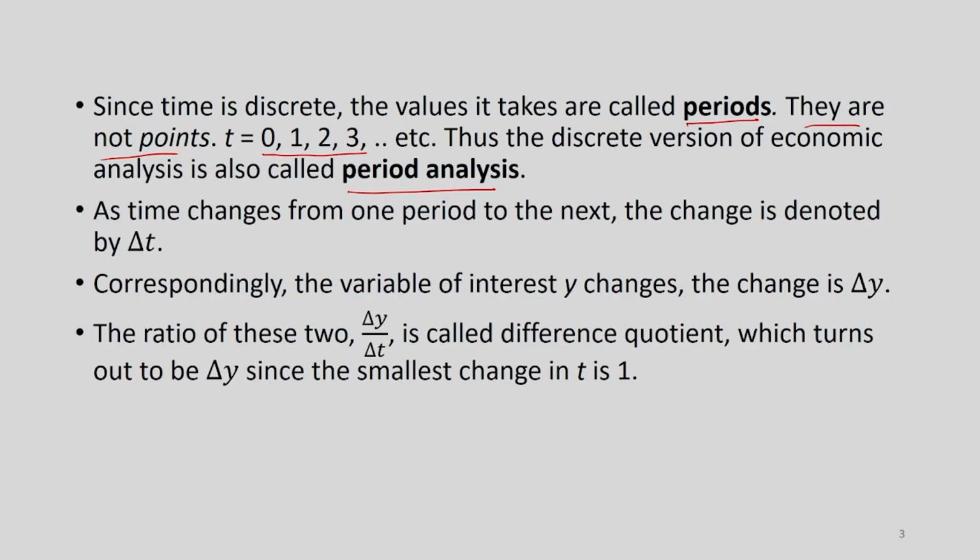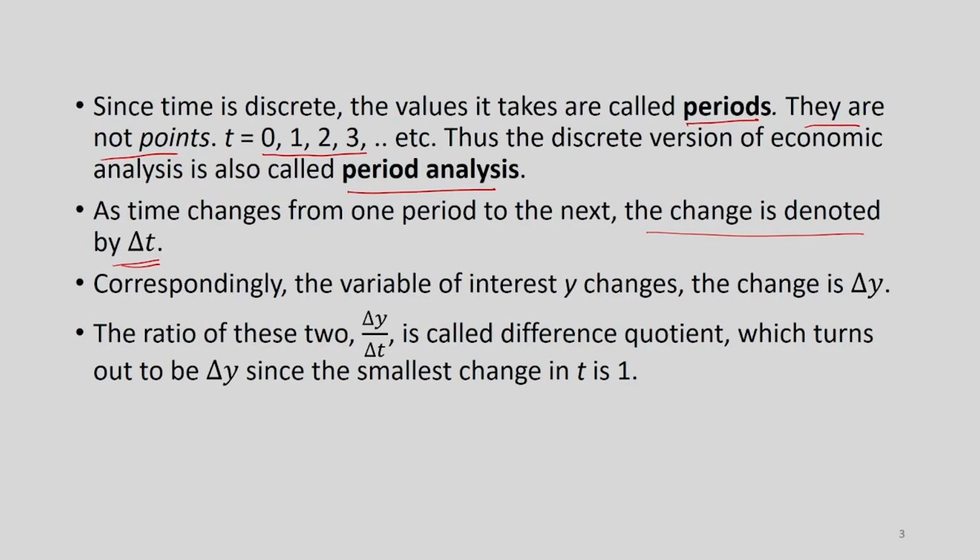Now, as time changes from one period to the next, the change is denoted by this notation, delta t, right? Delta means change. So, delta t is the change in time. In particular, what is important here is that we are implying that the time is changing in a discrete manner.